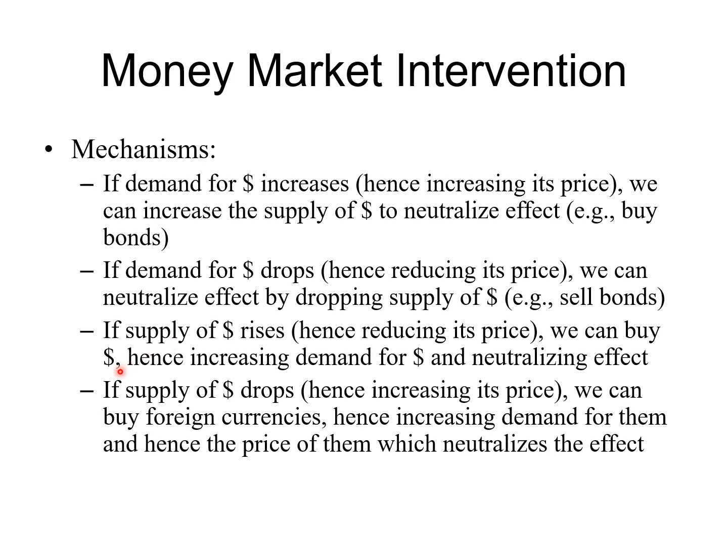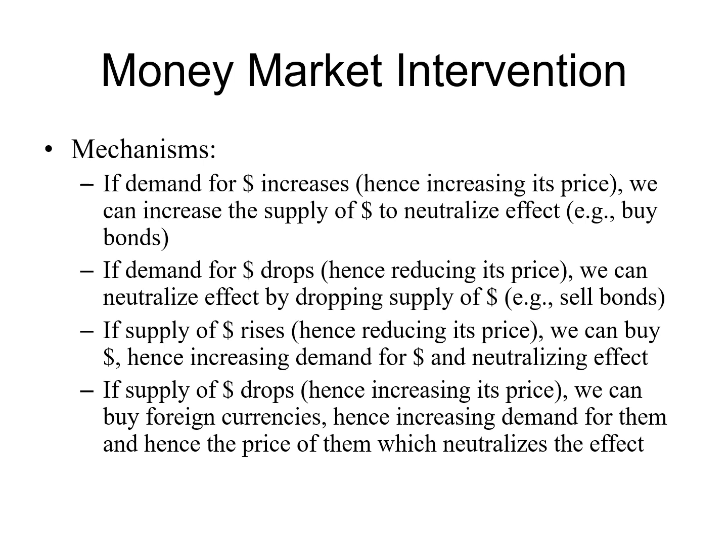How do we get the price back up? Buy it. If the supply of the dollar drops, such as happens with increased interest rates, hence increasing its price, we can buy foreign currencies. Remember, the value of currencies is entirely relative. So if the supply of the dollar drops, it's generally because the Federal Reserve is selling bonds.